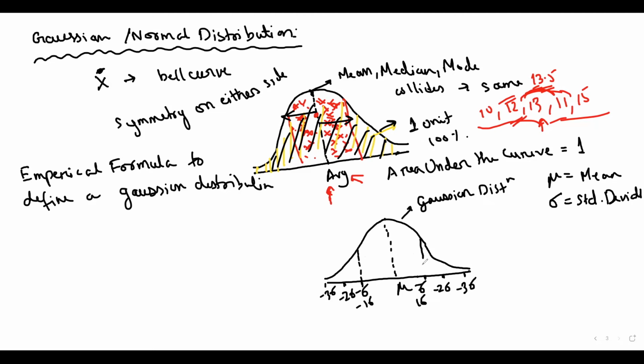if you define the data points, let's say this is an area that I'm defining. So sigma, that is standard deviation, is nothing but spread of the data, right?